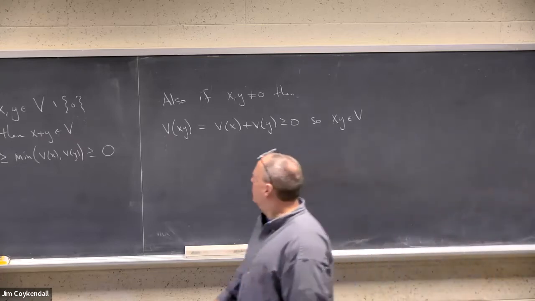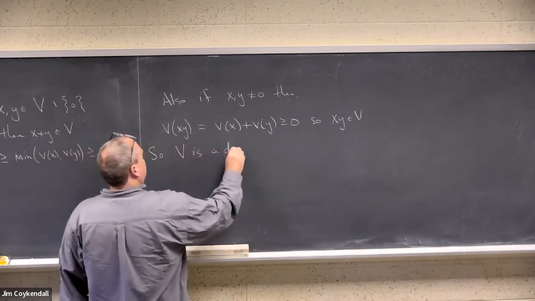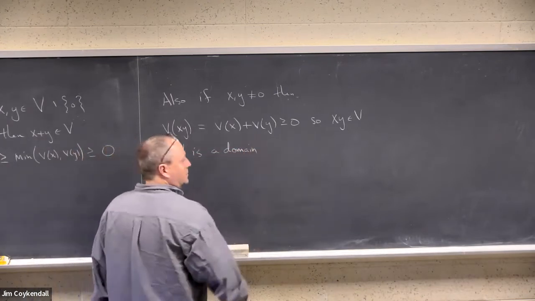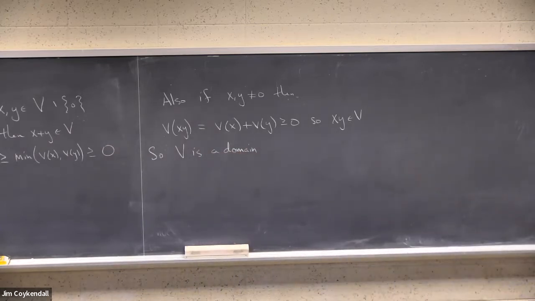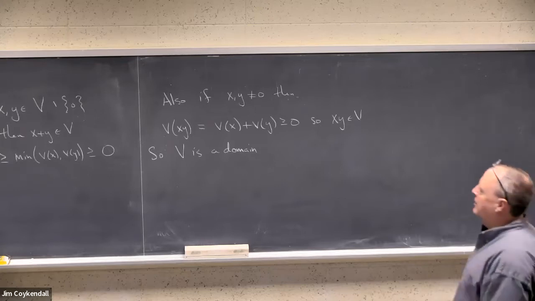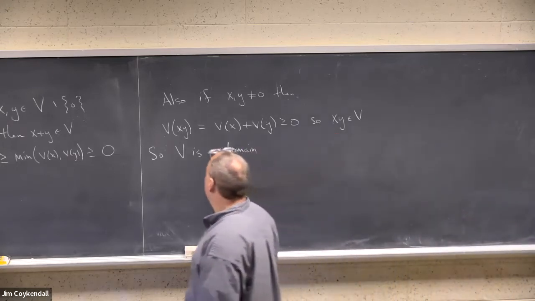So this shows B is a domain, right? And the reason is because it's a ring and it's a subring of a field, so it has to be an integral domain. And the last thing is, I claim something that's maybe implicit in this, but it's a little bit stronger, and that is, I claim that B is a valuation domain and its quotient field is K.